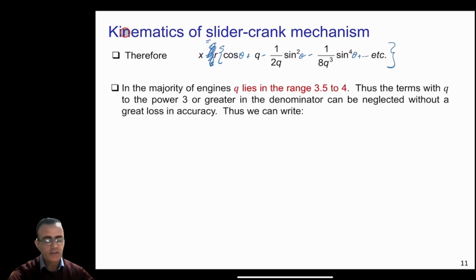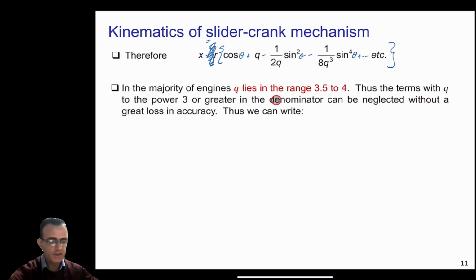Now in the majority of engines, q lies in the range of 3.5 to 4. This means that the length of the connecting rod is 3.5 to 4 times the length of the crankshaft, and thus the terms with q to the power 3 or greater in the denominator can be neglected without great loss in accuracy.